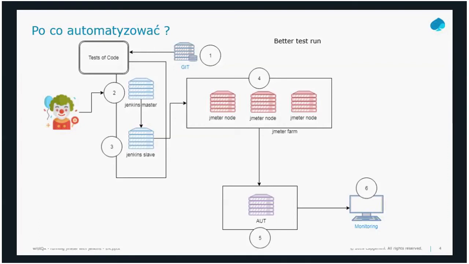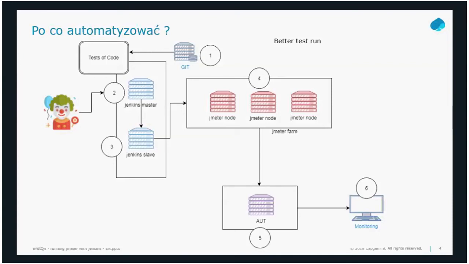But what we want to have is some orchestration mechanisms such as Jenkins CI or maybe TeamCity to run our tests that we develop and version in version control systems such as Git. And throughout this presentation, we'll use GitHub to host our Git repositories.